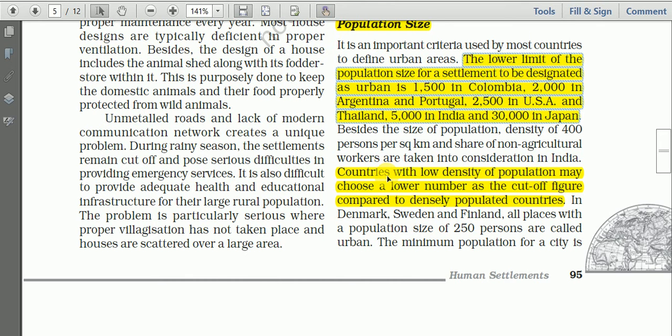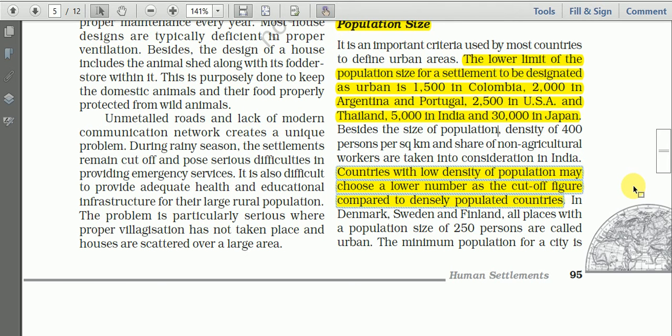Besides the size of population, the density is also taken into account. For example, countries with low density of population may choose a lower number as the cutoff figure as compared to densely populated countries.